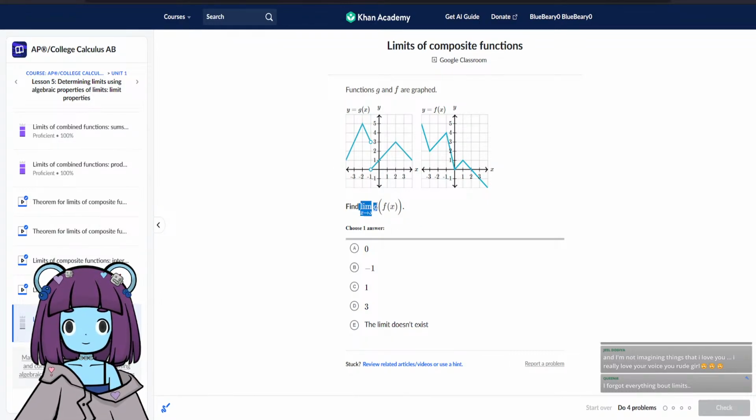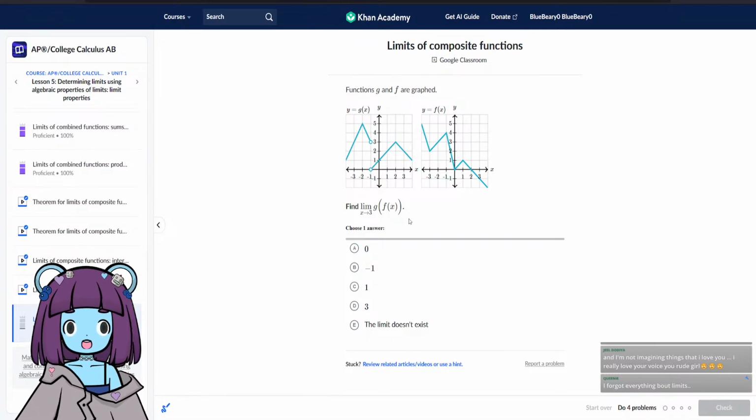Find the limit of g of f of x. So as x approaches 3, oh, I have to find it of f of x first. So this one should be -1, and then you go to -1 g of x, and it's different.